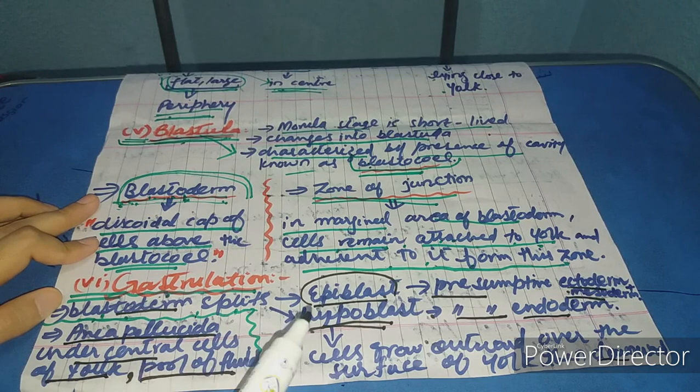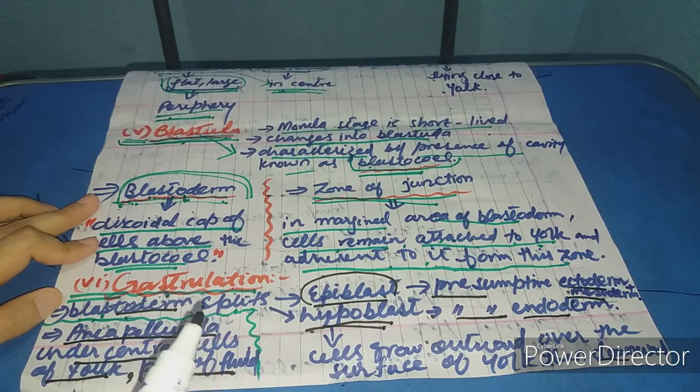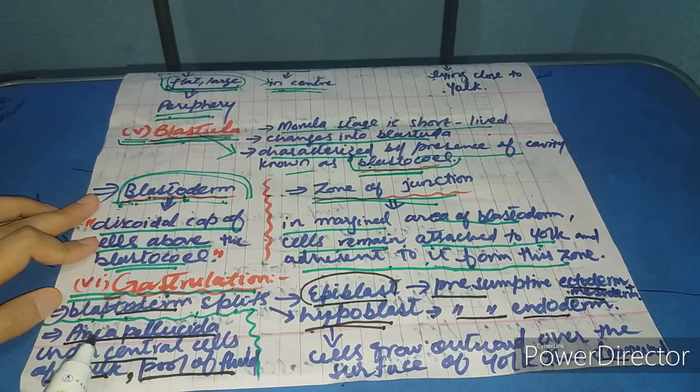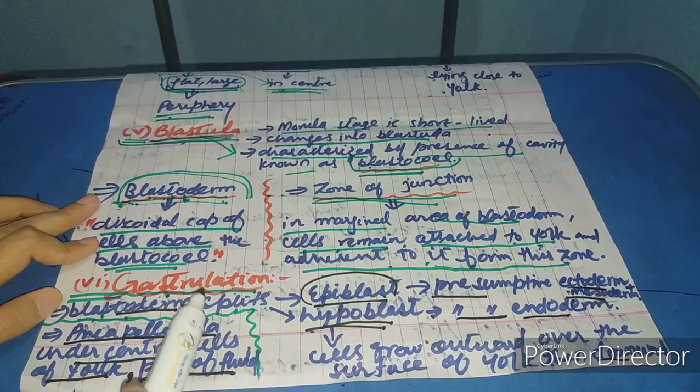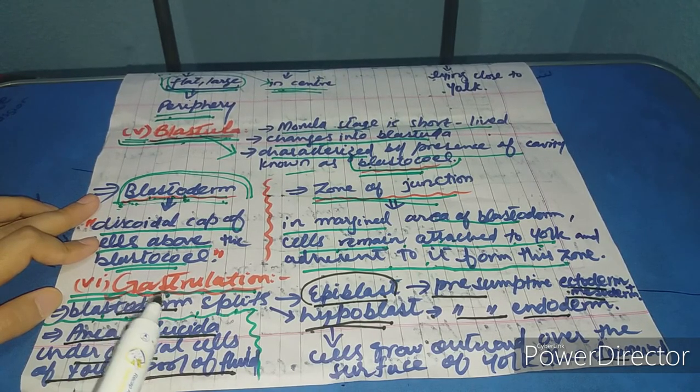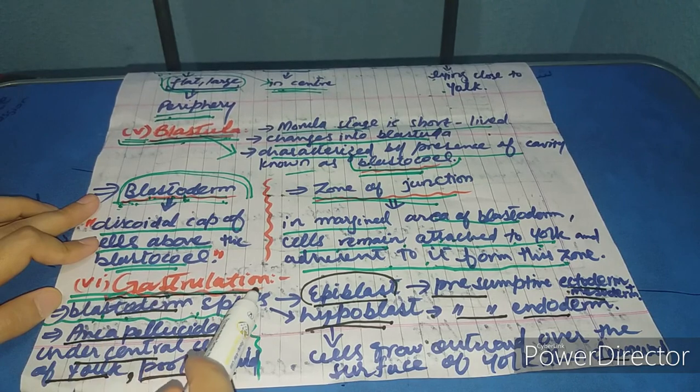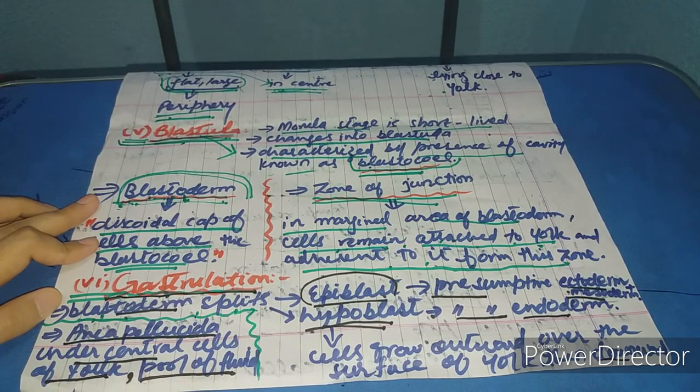So the main two points are the formation of these two areas, area pellucida and area opaca, and the formation of epiblast and hypoblast. These are the main events which occur during gastrulation. In this way our gastrulation also comes to an end.